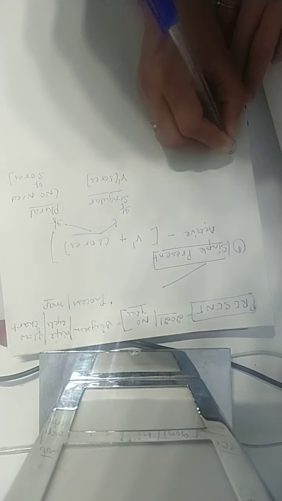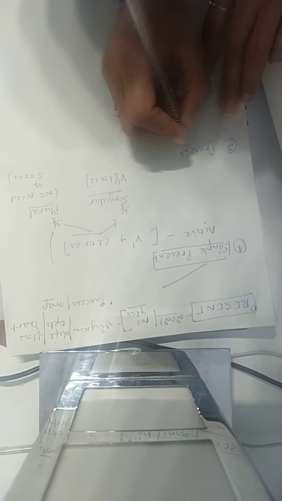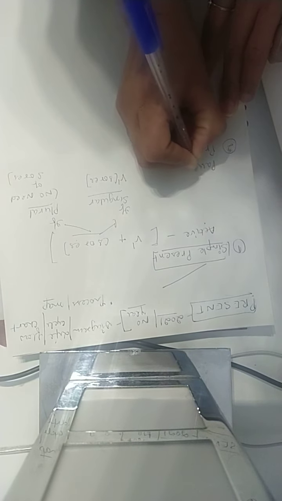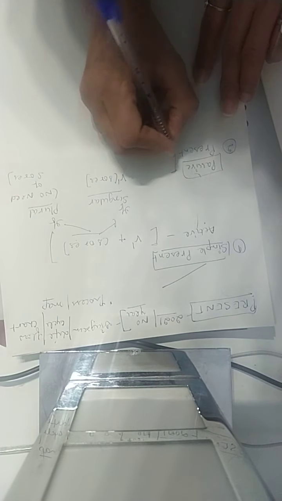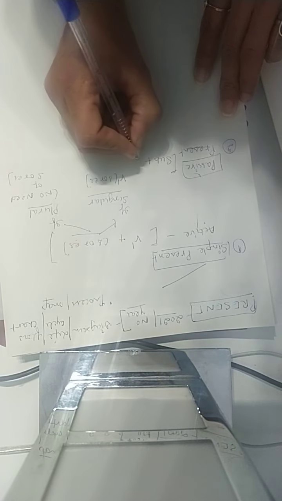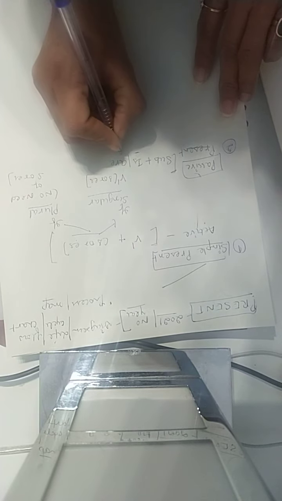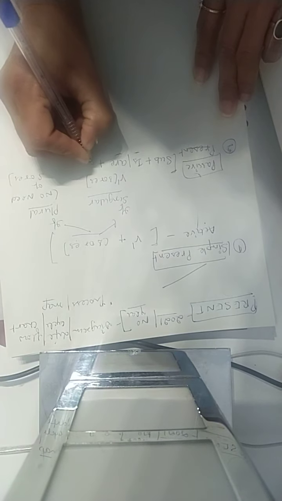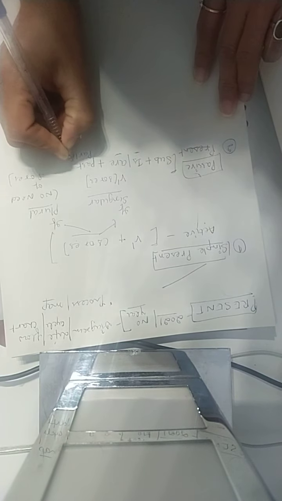And if you are writing the passive form of simple present, then you need to write the subject, then is or are, is for singular, are for plural, and then you need to apply the past participle.